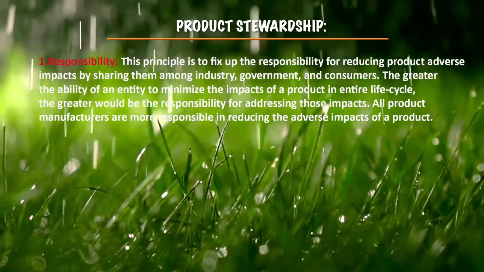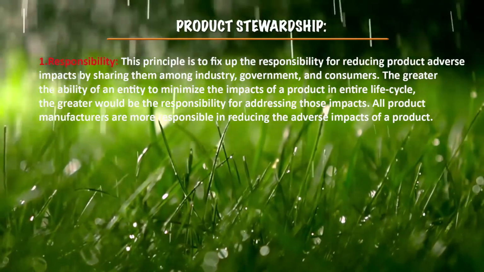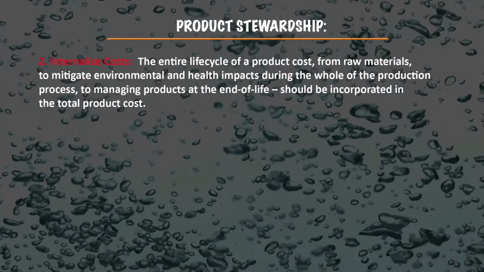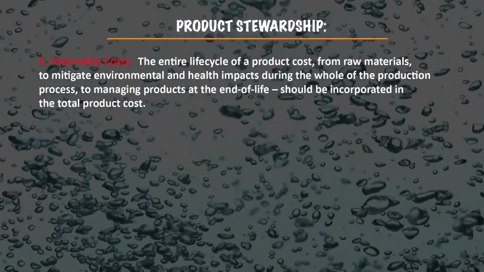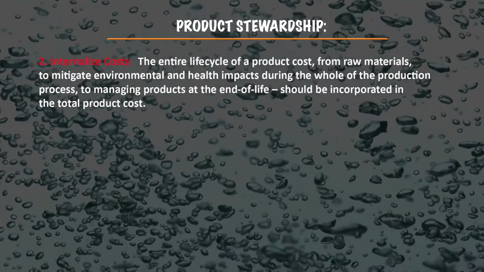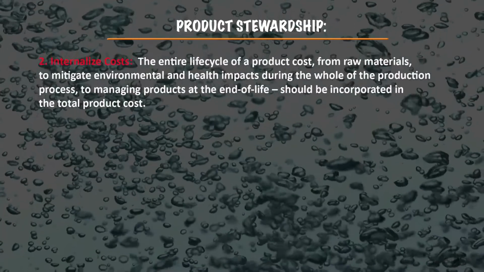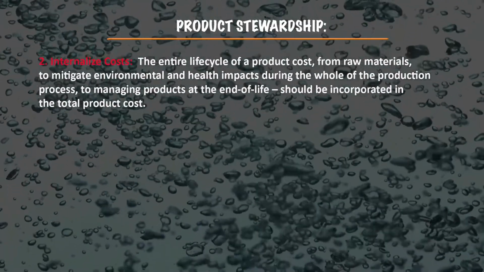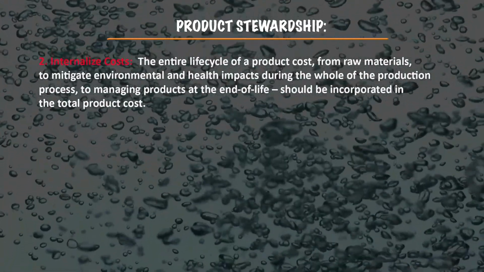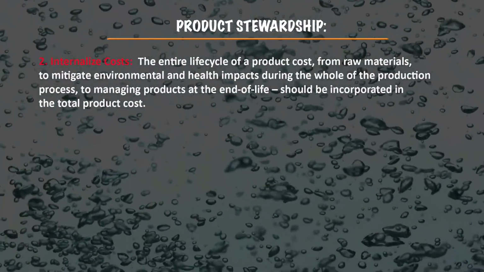So all product manufacturers are more responsible in reducing the adverse impacts of a particular product, and also internalize the cost. That means the entire life cycle cost of a product, from raw material procurement to mitigating environmental and health impacts during the entire production process to managing products at the end of life, should be incorporated in the total product cost.